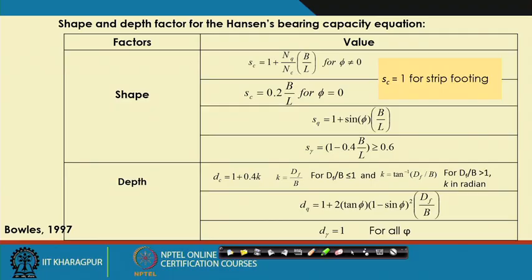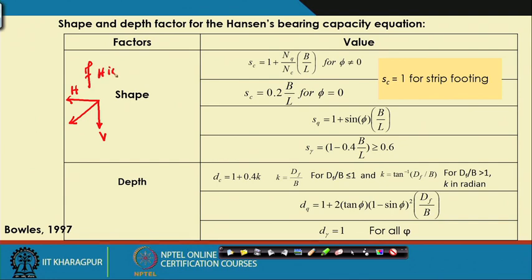In case of Hansen's theory, if the load is parallel to the length direction: the inclined load has two components, one vertical, another horizontal. Now, if H is parallel to B, then follow the methodology I have discussed.